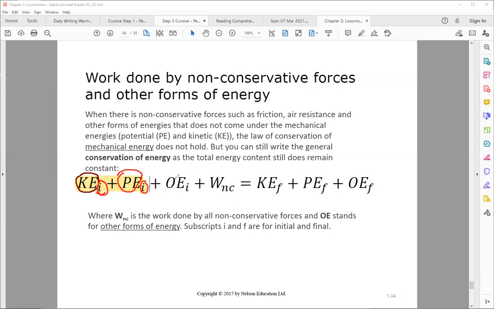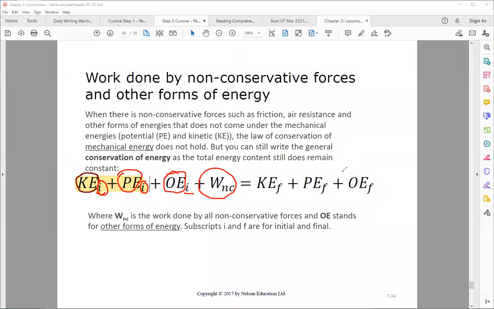Now we need to include all the other energies that come into the system. And we're going to use this notation, OE, which stands for other energies, initial, and then plus the work done by the non-conservative forces.